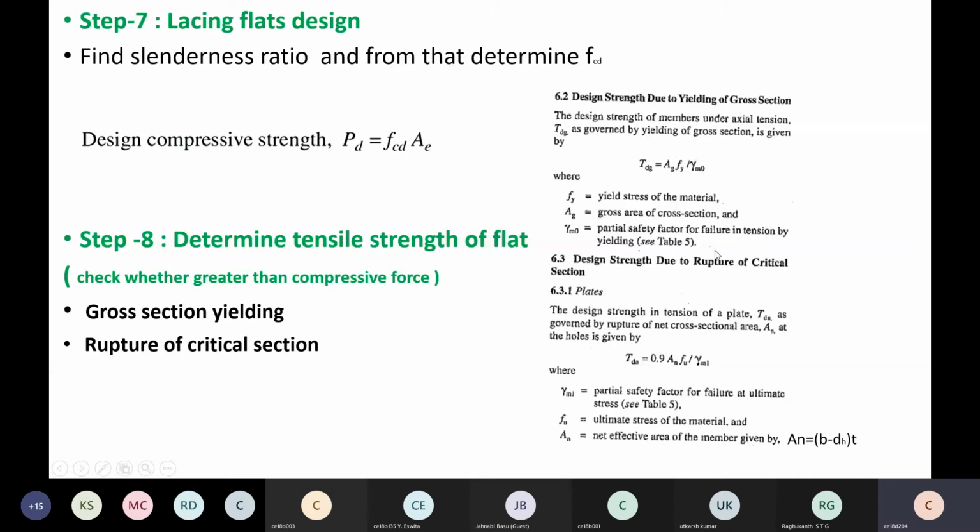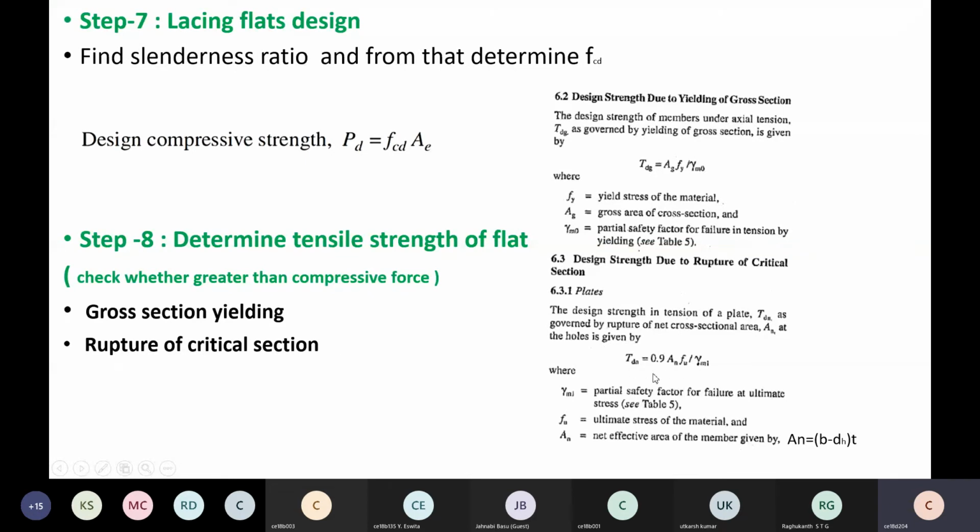You can see it in table 5. It is 1.1. Fy you already know, 250 MPa. You know what is Ag. Tell me what is the design strength of the member under yielding of cross section. 136.36 kilonewton. Yes.